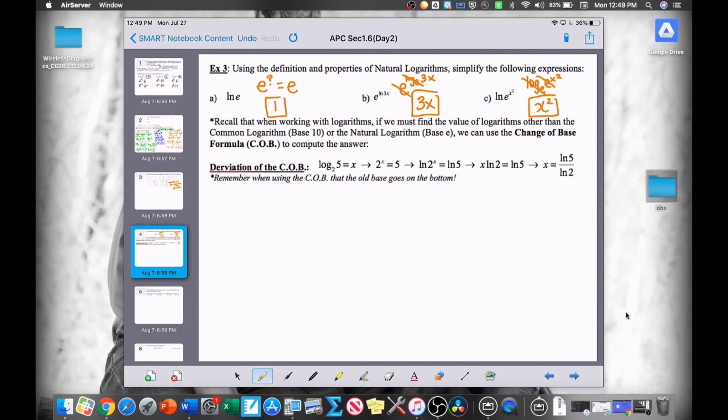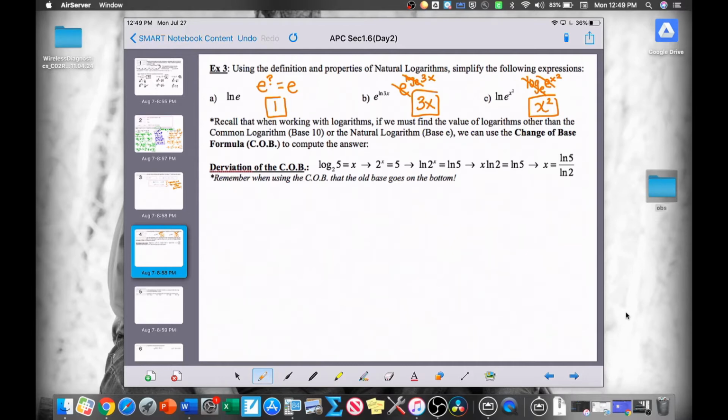Okay, so here I just have a little derivation for you of why the change of base formula works for figuring out what a value is when we have a base other than 10 or e. If we begin with an expression like log base 2 of 5 equals x, and we rewrite that in exponent form, then that would be 2 to the x power equals 5.